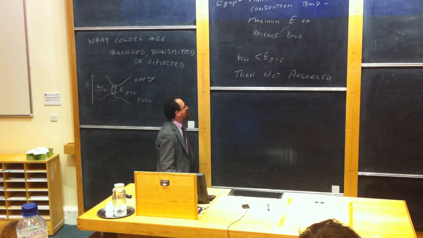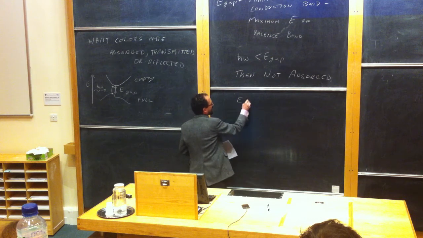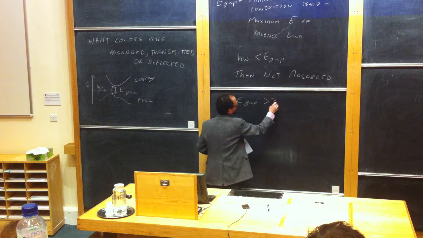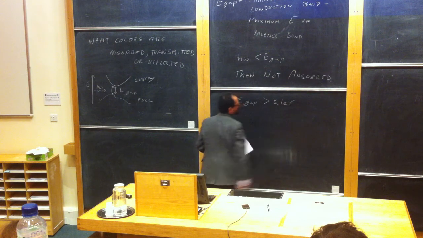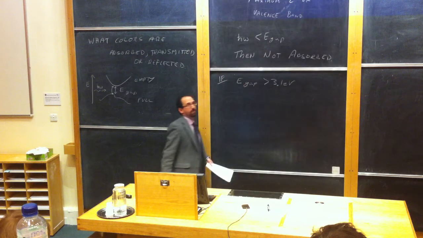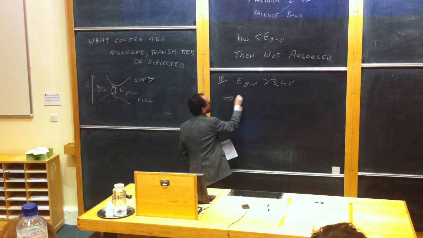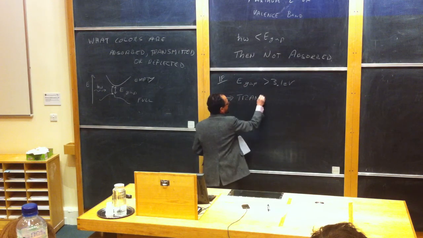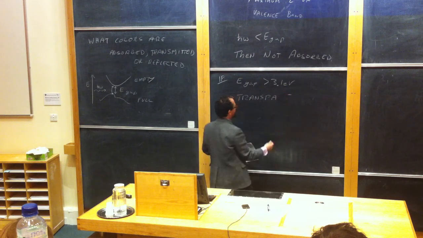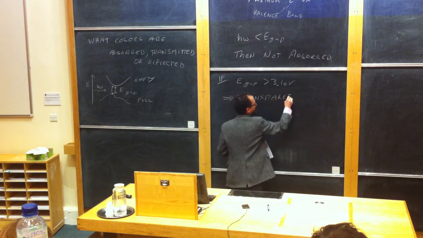Now, given this, if you have a large gap, if E gap is greater than 3.1 eV, which is violet, then no visible light is absorbed, and what you have is a transparent material.